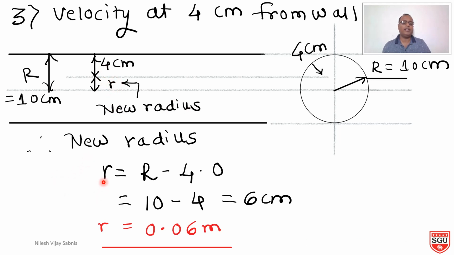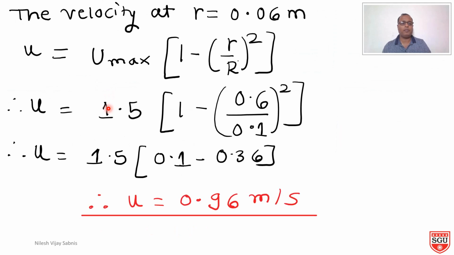So the new radius, small r, is equal to capital R minus 4 cm, which is 10 minus 4, 6 cm, nothing but 0.06 meter. Most of the time mistakes happen in the exam by taking 4 cm directly as the value of r. So be careful about that.